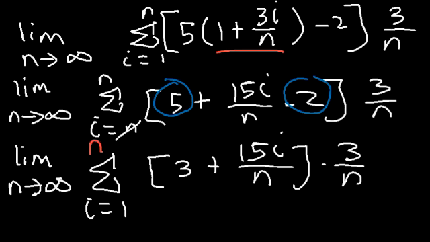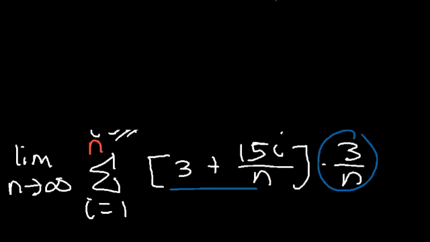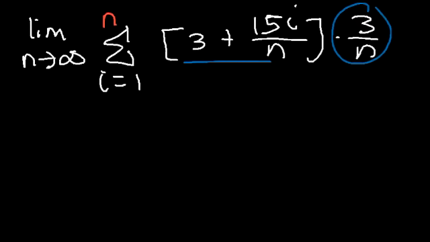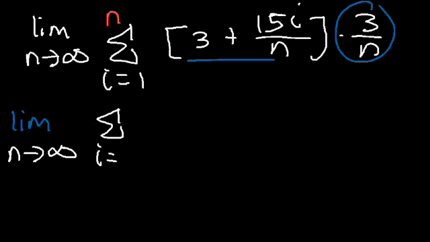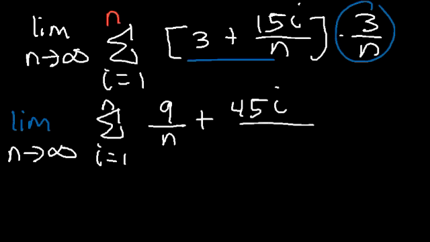This is supposed to be a 1. Now let's distribute 3 over n to everything inside. So it's going to be 9 divided by n plus 45i divided by n squared.